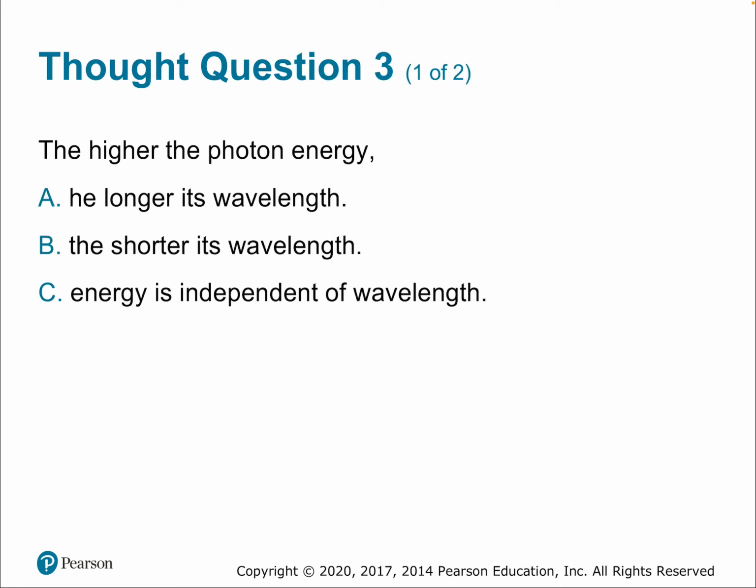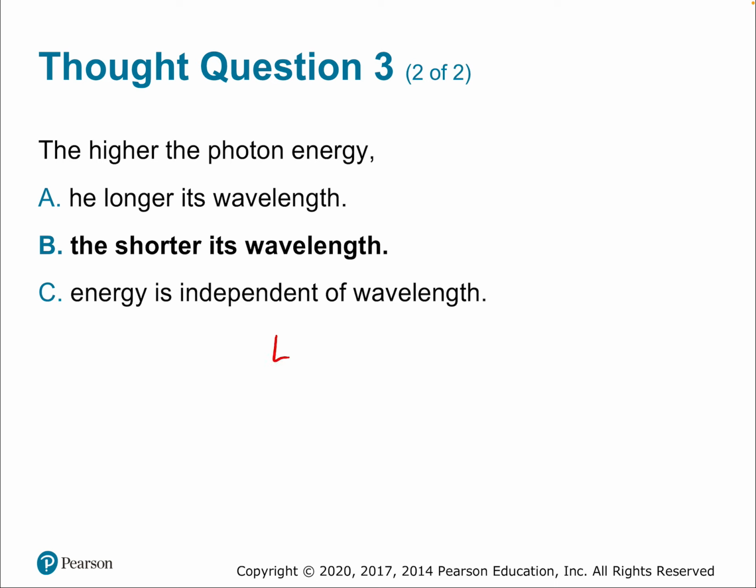All right? So the higher the photon energy, the shorter the wavelength, because it's definitely not independent, right? But by the way, you haven't seen it in one equation, so I could see why you might think that.